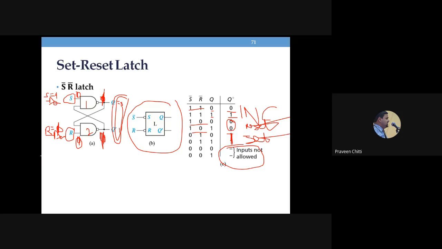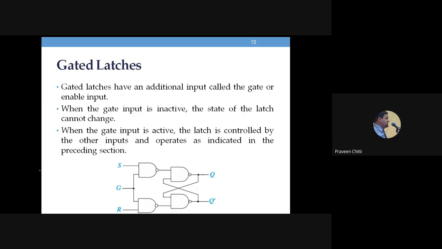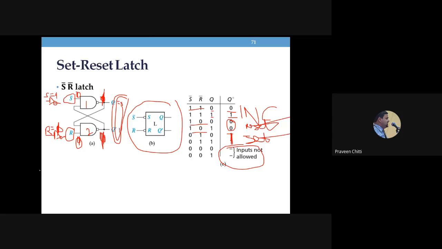Again, in this case also, we got the same truth table: when S0, R0, no change; when S0, R1, reset; when S1, R0, set; and when both are 1, 1, that is called the forbidden state. So we get the same truth table for the SR latch using a NAND gate.